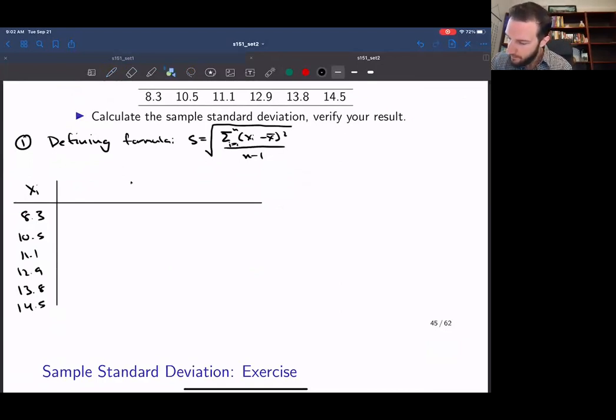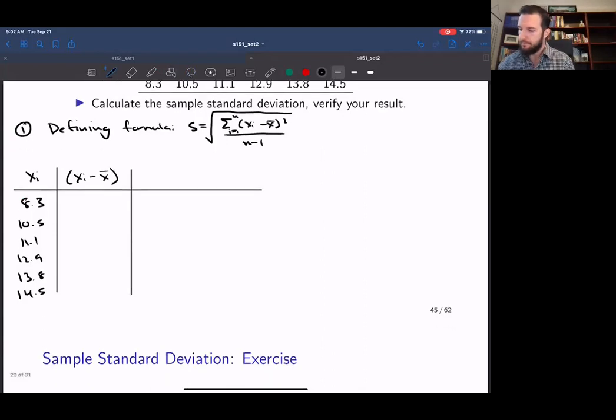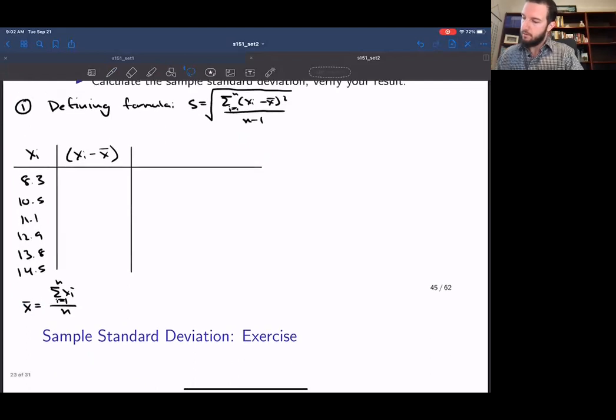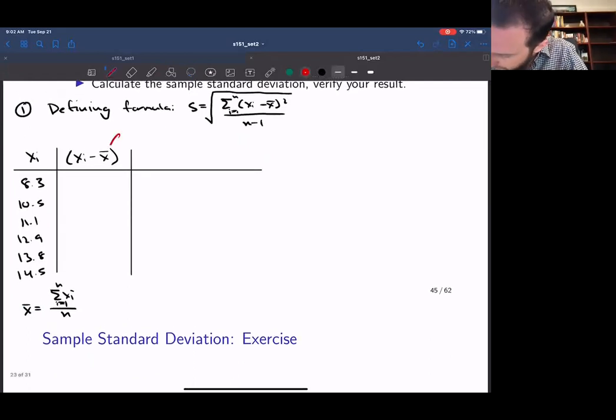Okay, in the second column, we're going to go xi minus x bar. All right, so the first problem, we need to figure out what x bar is. Okay, so we know x bar is going to be the sum from i equals 1 to n of xi divided by little n. And actually, I'm just going to make a note here.